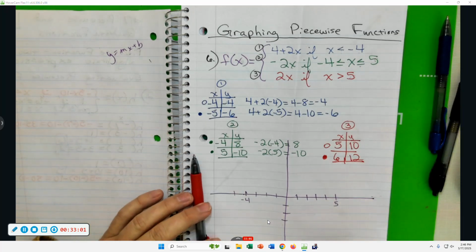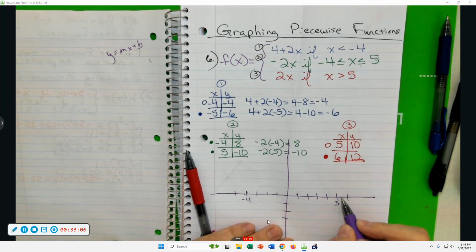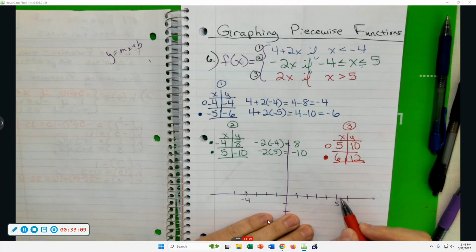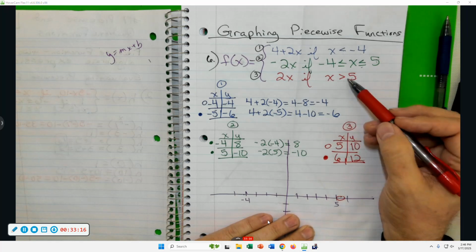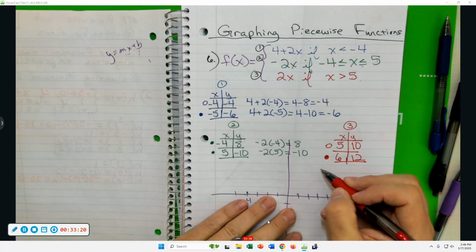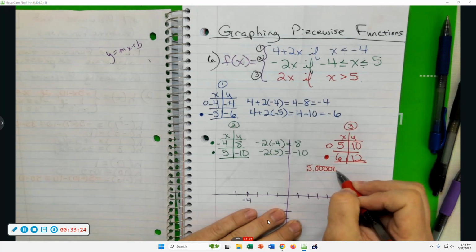Here's the x-axis. I knew this grid would come in useful for some reason. I claim right here to the immediate right of 5, there are infinitely many numbers that look like 5 to the naked eye, that are bigger than 5, so they satisfy the inequality. For example, 5.000001.